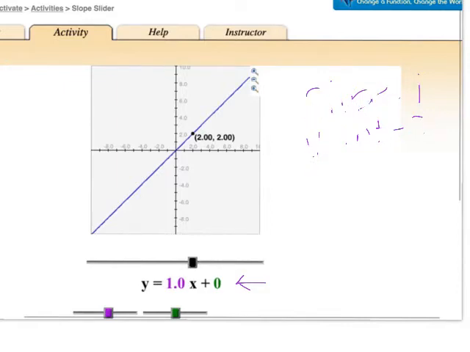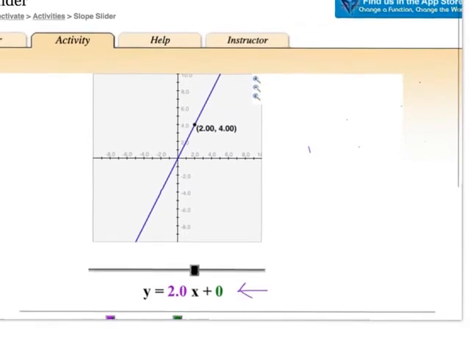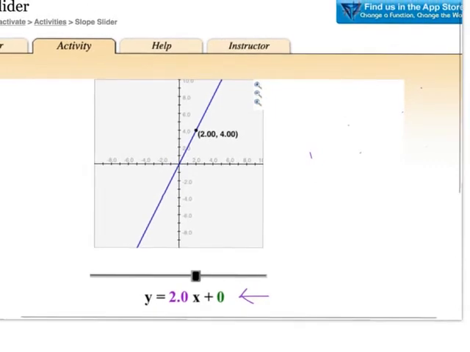I didn't really need to erase all of that. All right, so now watch what happens. I made the line steeper. Okay. The slope of this line is 2. So now the slope is equal to 2.